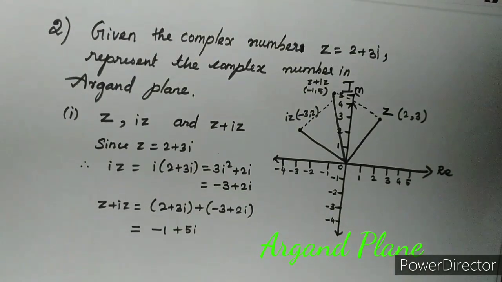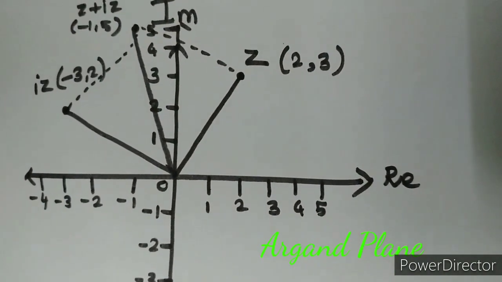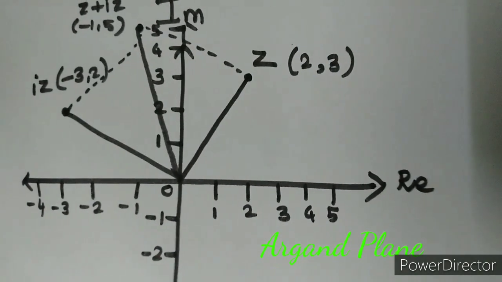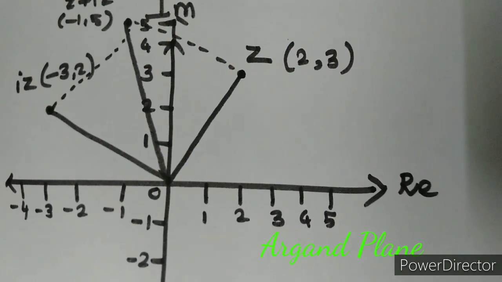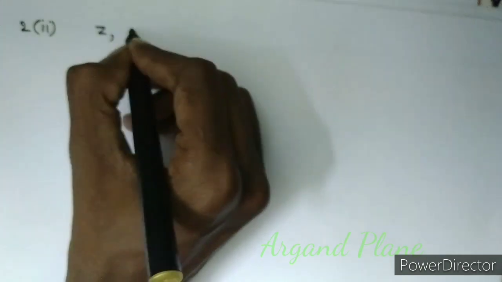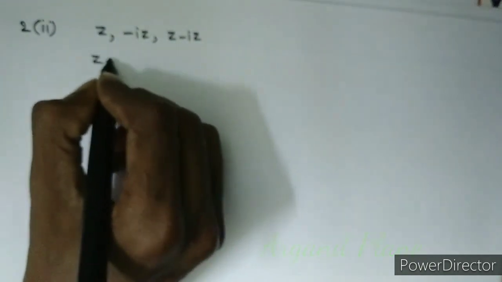Similarly, we do the next subdivision, subdivision number 2. Subdivision number 1 was z, iz, z plus iz. Subdivision number 2 is z, minus iz, z minus iz. So z equals 2 + 3i, which we already know.